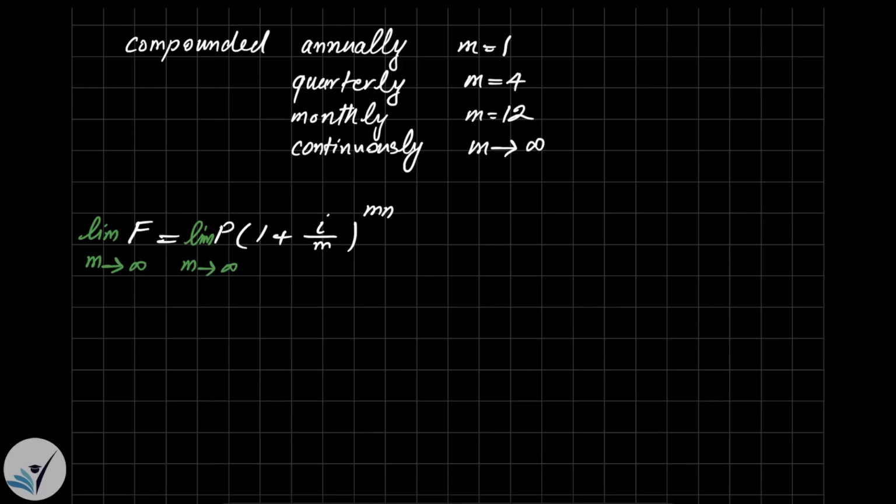And pay attention that in this equation, P, I, and N are constant, and the only variable is M. And since P is constant, we can take it out of the limit.